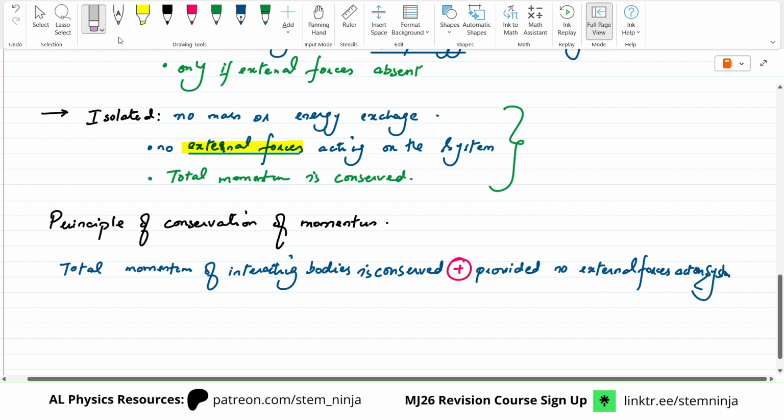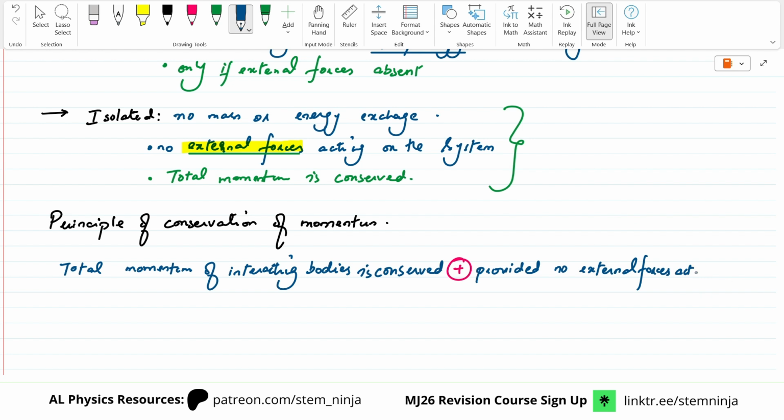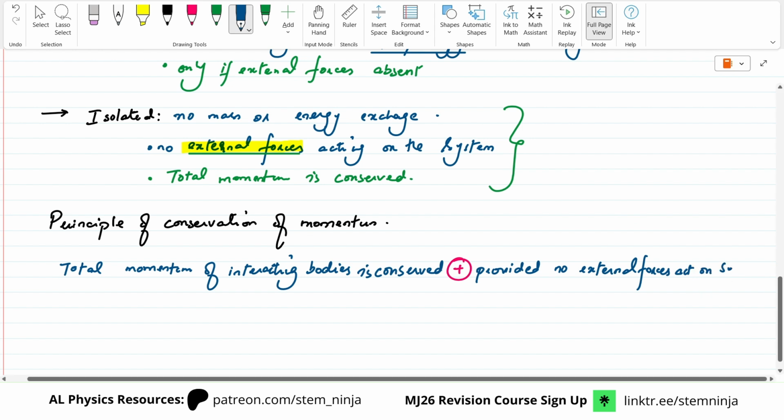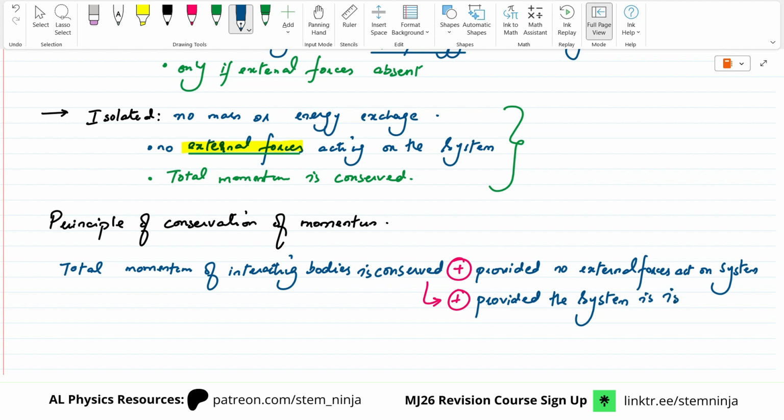If there are no external forces acting on the system, then we can assume the principle of conservation of momentum. Other than this, you could also write, provided the system of interacting bodies is isolated.